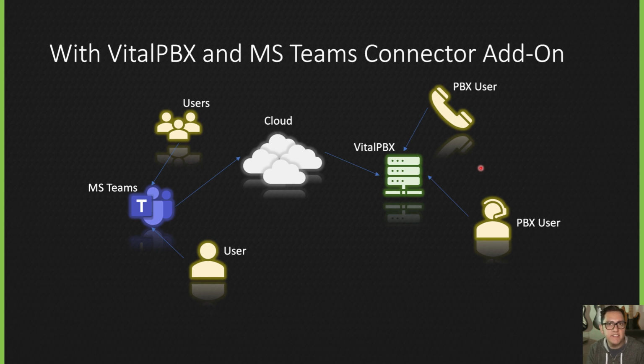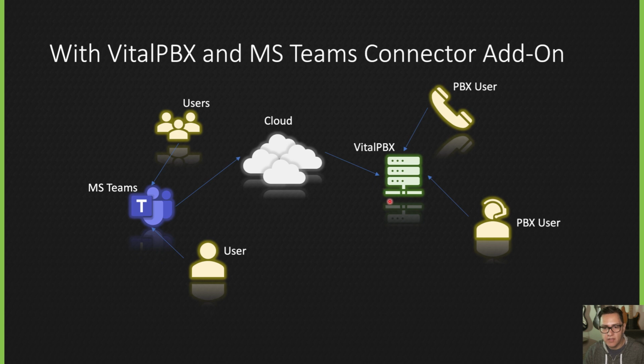Let's say that you have a PSTN that either is not available on the list of providers for Microsoft Teams, or maybe you have a special tariff or special costs that you would like to save some money on, and you can have those under VitalPBX. So you would be able to have that connection from Microsoft Teams. You can place outbound calls through VitalPBX.